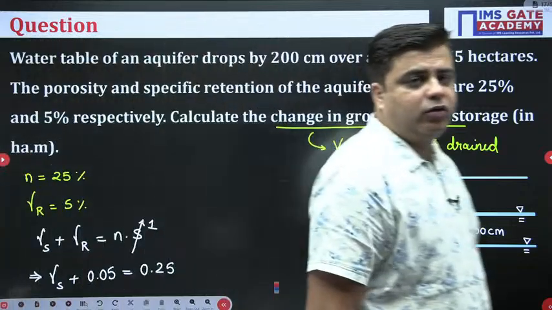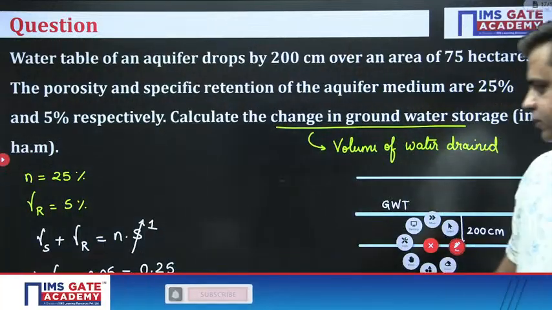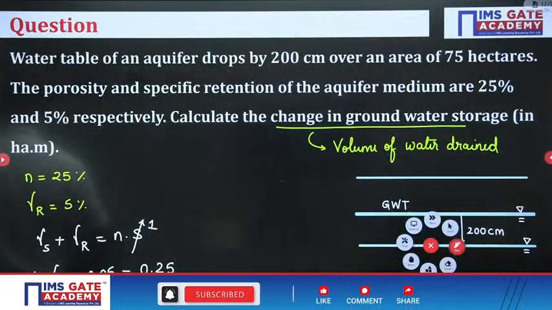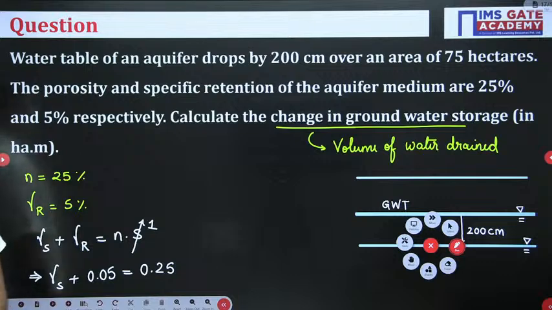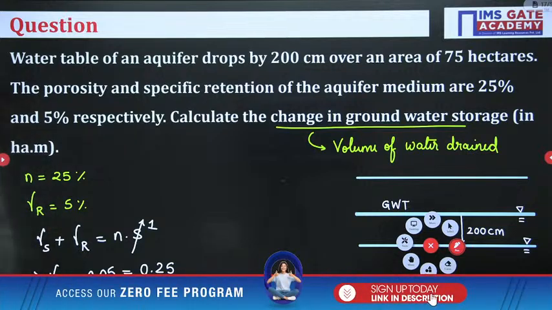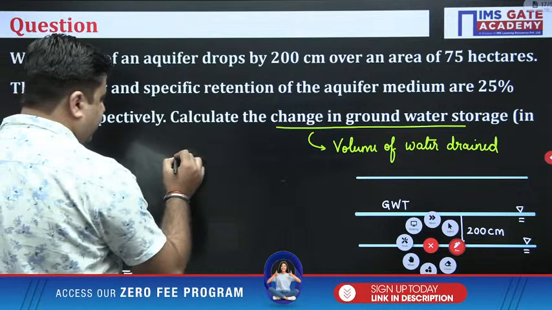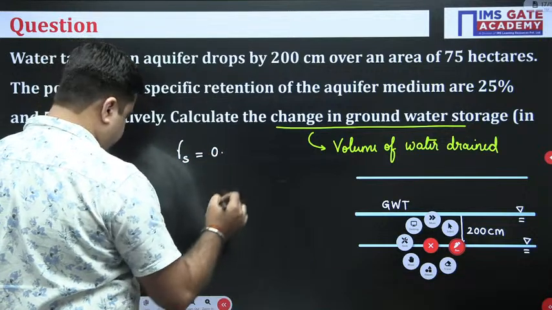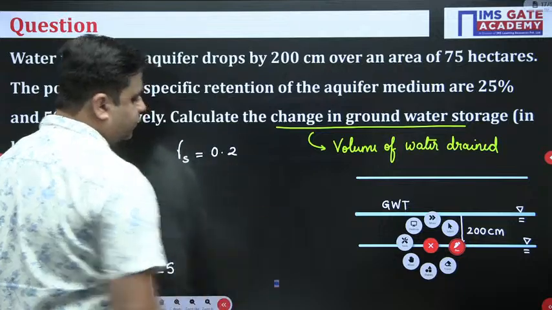What is the amount of specific yield? So this is 0.25 minus 0.05. I think the specific yield will be 0.2. This is your specific yield.